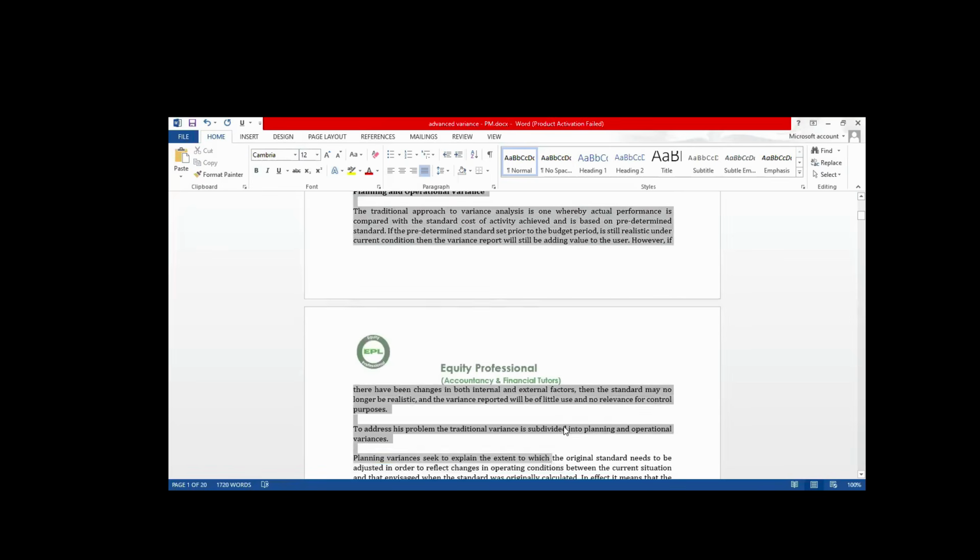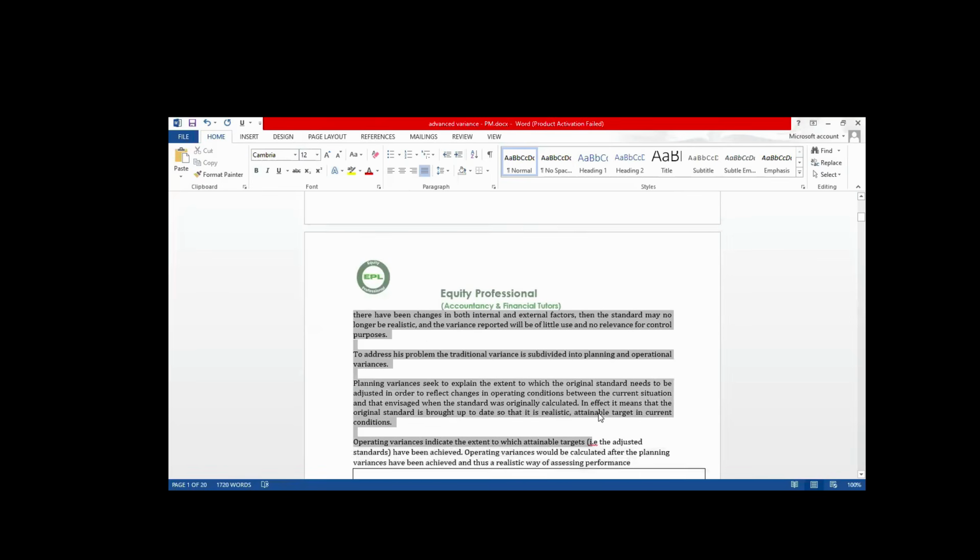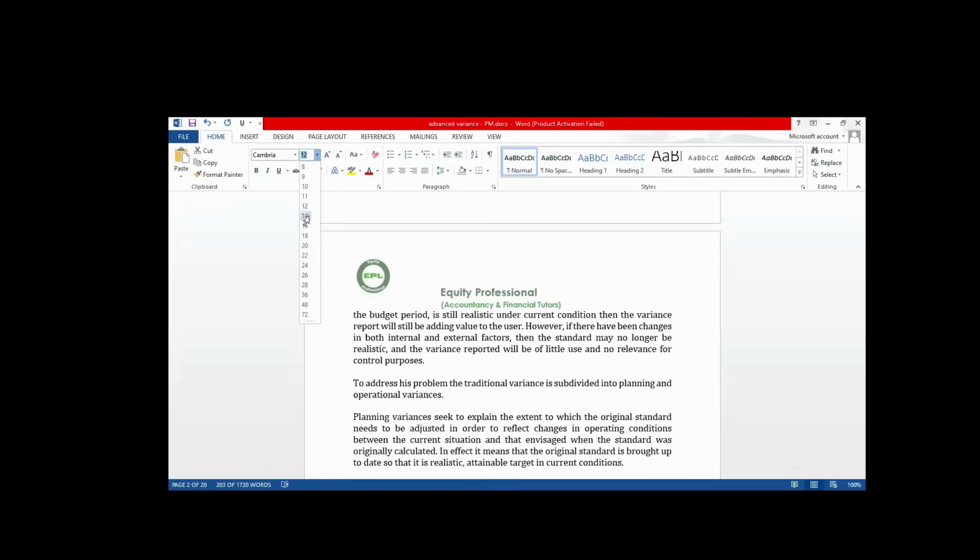At the end of the financial year, you now have the actual results. When your actual results are different from your budgeted plan, that gives rise to variance.